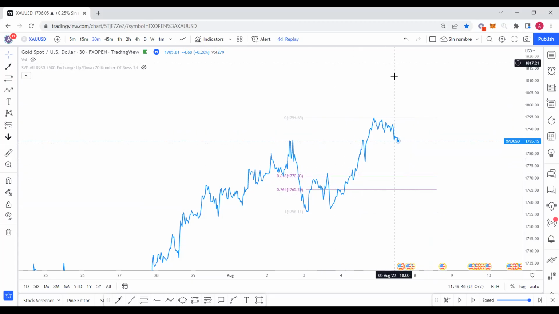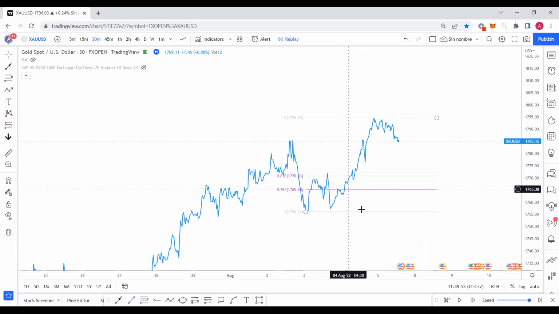Price tends to mitigate impulses. If price goes up suddenly, it will go back to mitigate it. And from this level onwards, this is already a good place to start looking for buys, for this mitigation.